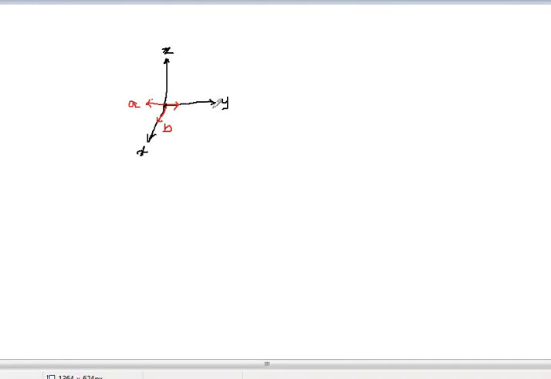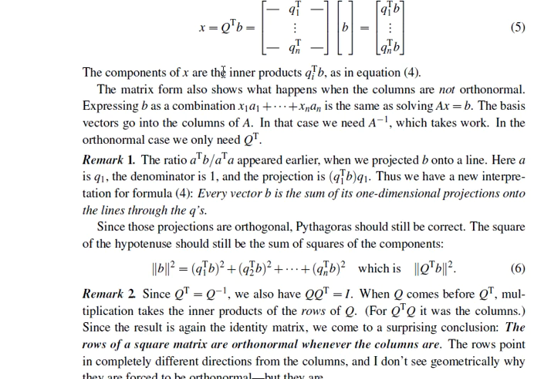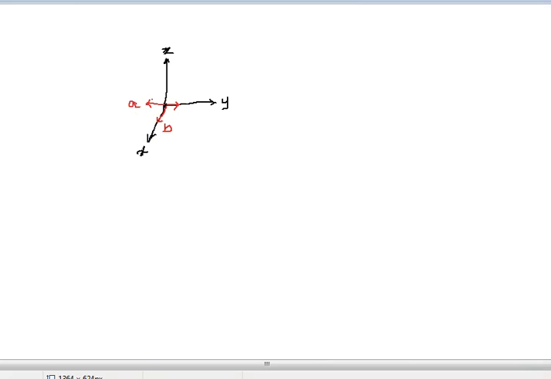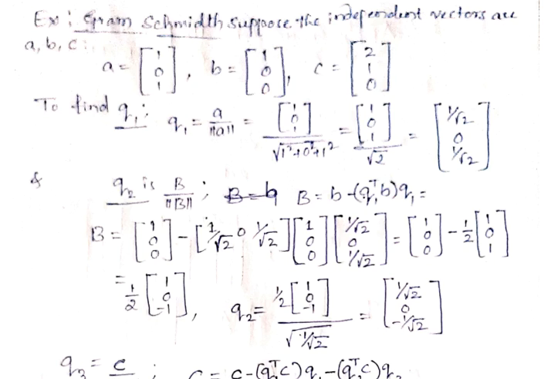Let's see the three-dimensional coordinate system. It is x, y and z. If the point is a combination of x and z, here the value of A is 1 and z is 1.